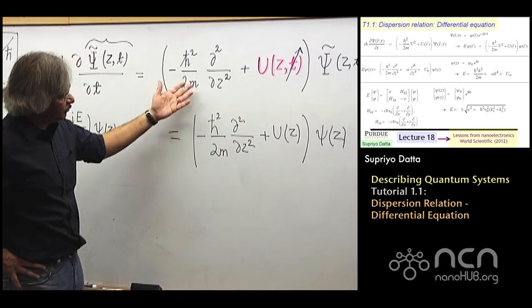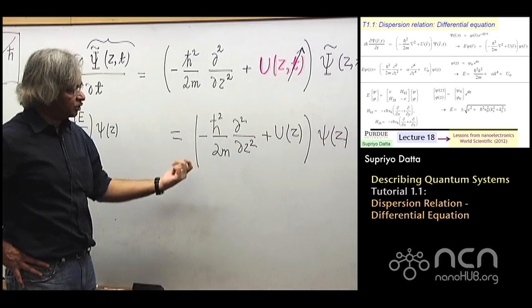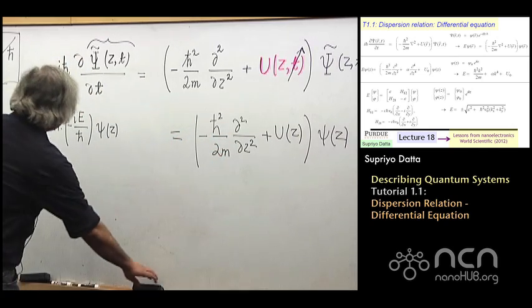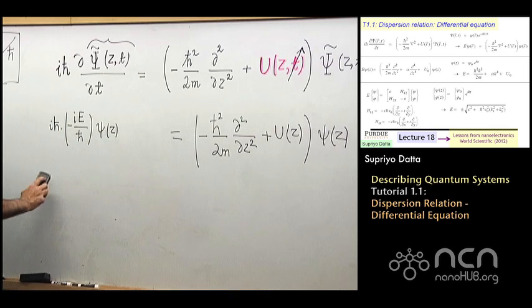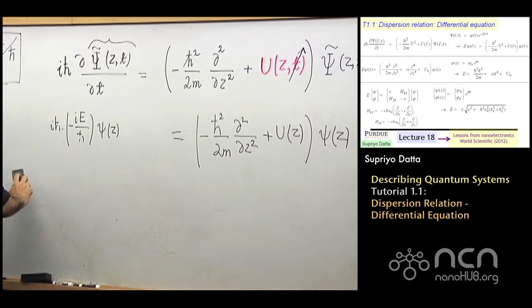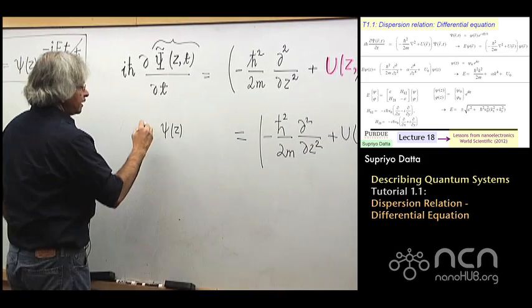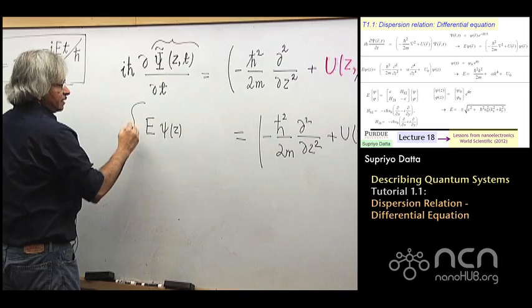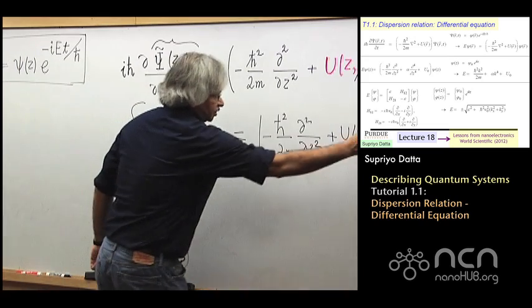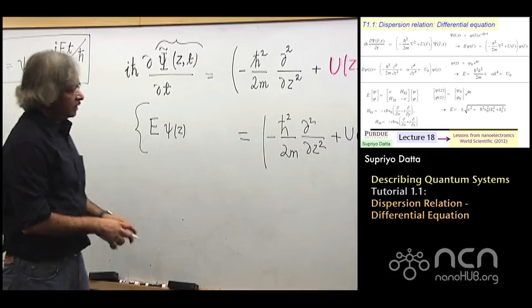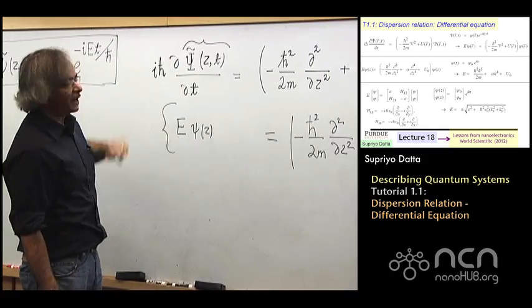But in general, if you were keeping the other two dimensions, you'd still have x and y. And this i h bar times minus i E over h bar, as you can see, the h bar cancels out. i times minus i is 1. So basically, this is just E. And that, you see, is the time-independent Schrodinger equation that we'll be using by and large in this course. And as I said, just once in a while, we'll go back to the other one.